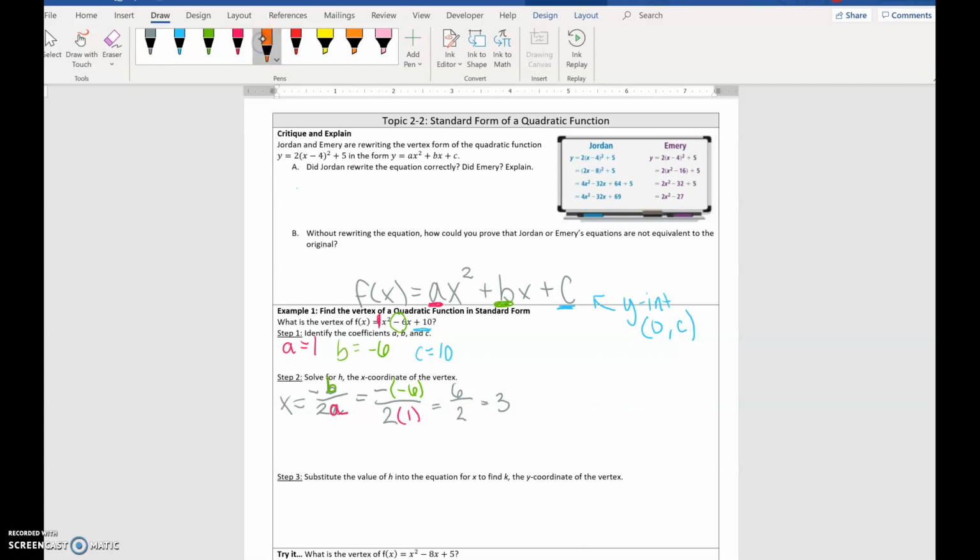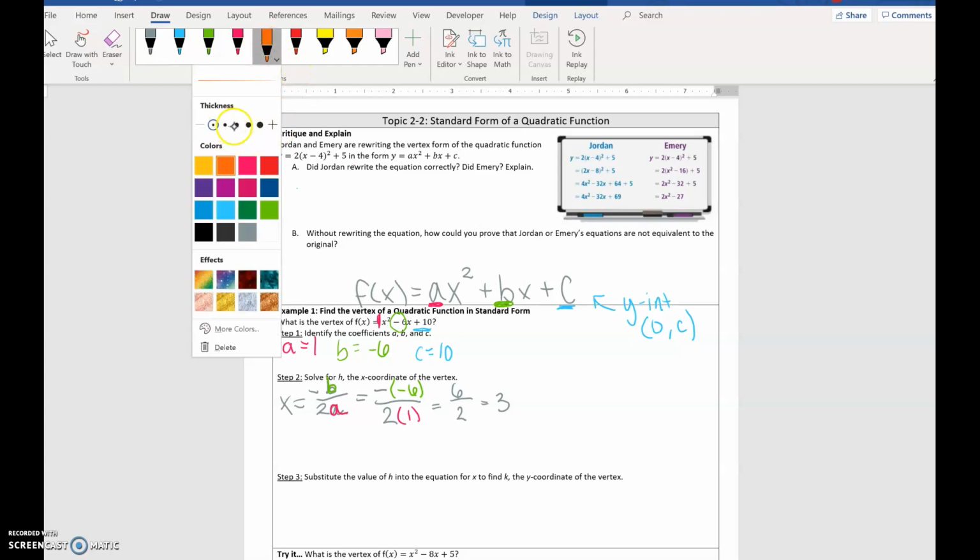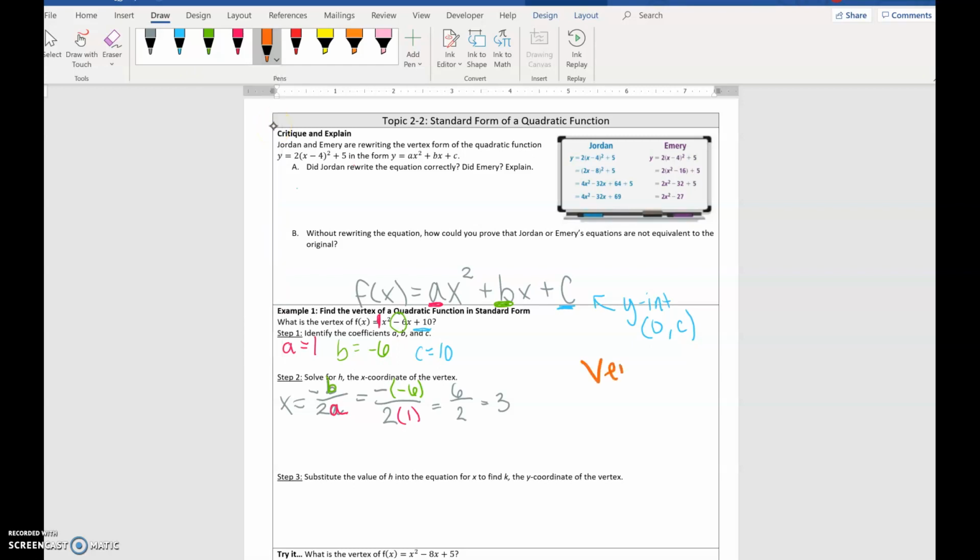So right now, our vertex we know is 3, something. And so now we need to find what our y value is when x equals 3. So we're going to substitute h, or x, in to find the y. So we're going to plug in to this equation right here.